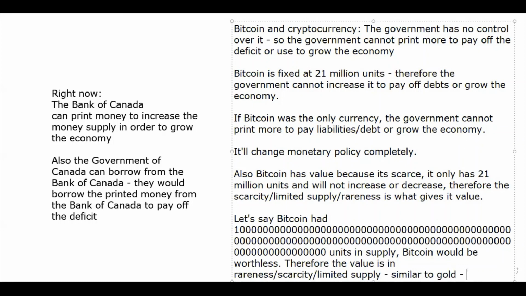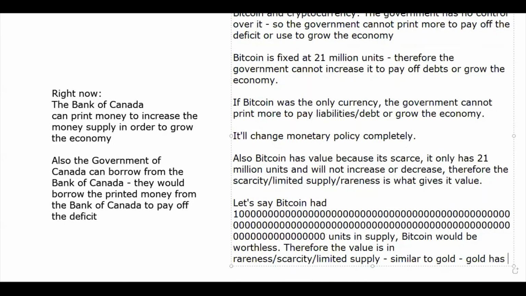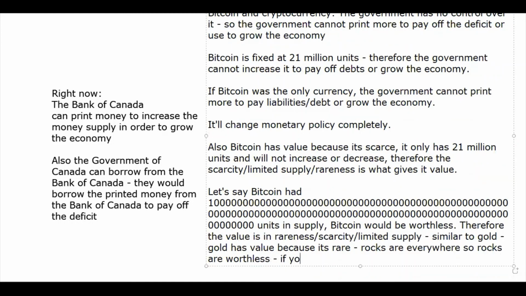Gold has value because it's rare. Rocks are everywhere, so rocks are worthless. If you can get something anywhere and it's not rare, it's worthless.